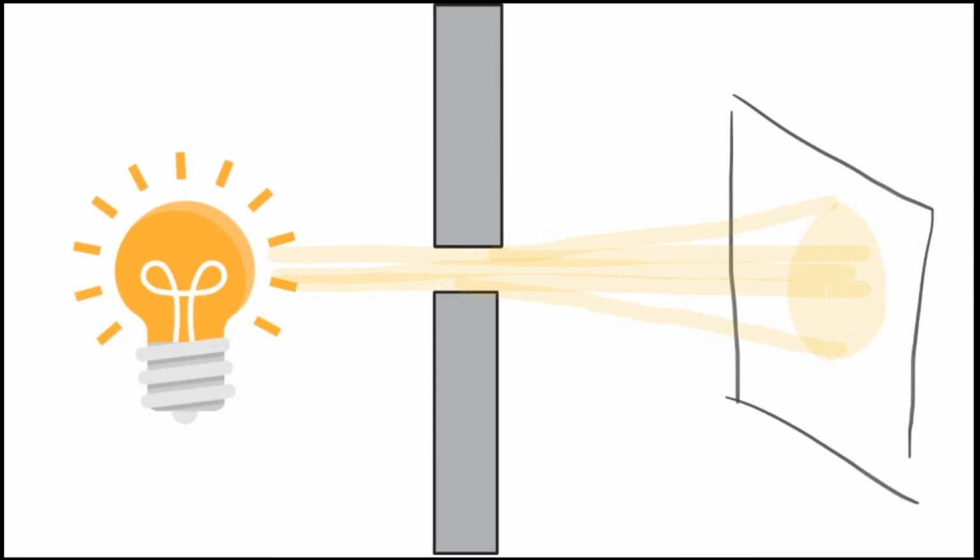Actually, what we expected was only this much spot on the screen. But we are getting a much bigger spot on the screen. And why is it so? This is because of the phenomenon of diffraction, where the light bends around the corner of your aperture. This slit, we also call it an aperture.